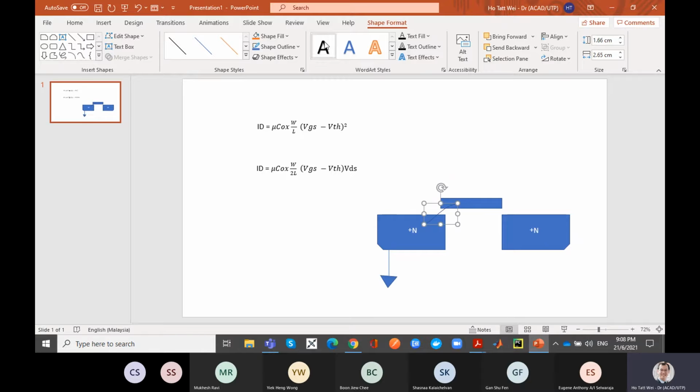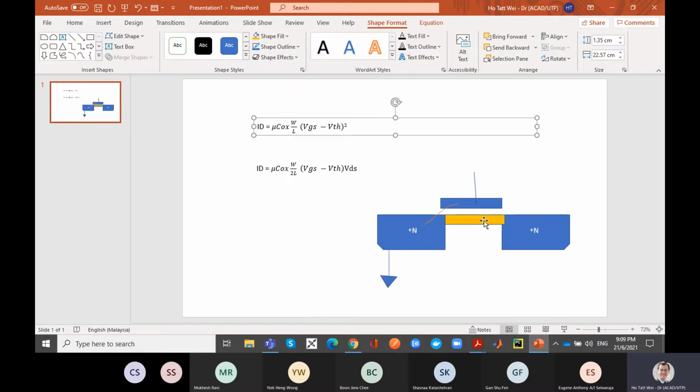Why? Because when you apply some kind of voltage here, of course, this voltage is with respect to this ground here. What you're doing is you are creating a conductive channel like that. And this one, I'm going to color it orange because this is all the electrons. Yes, electrons, correct.